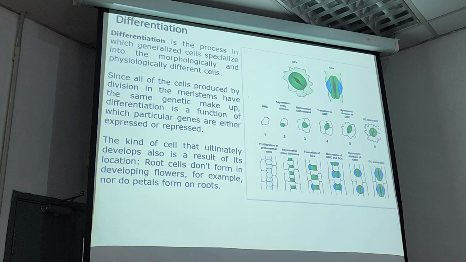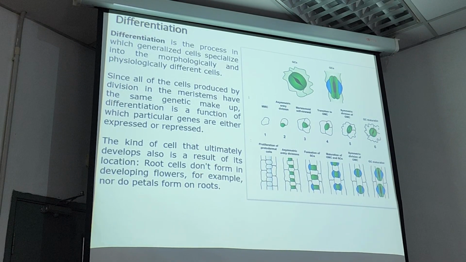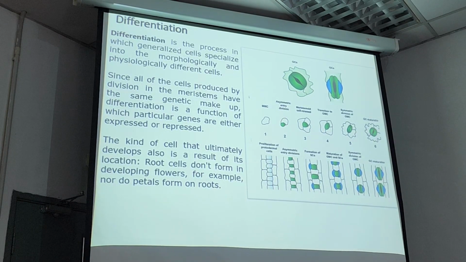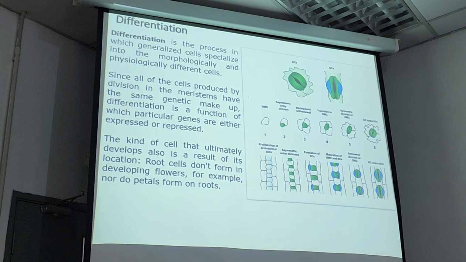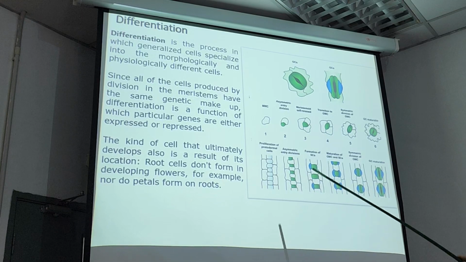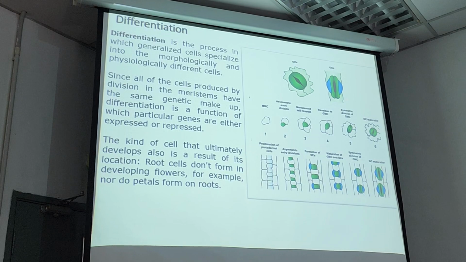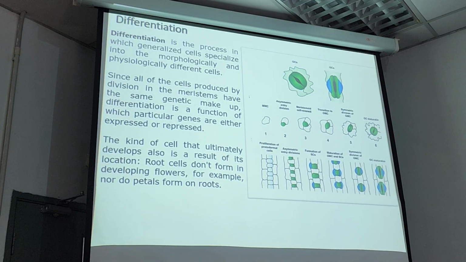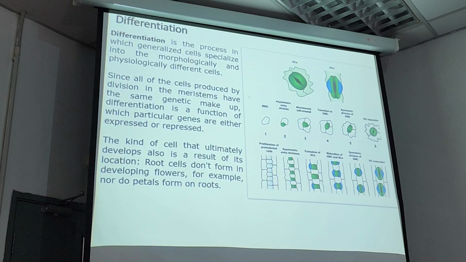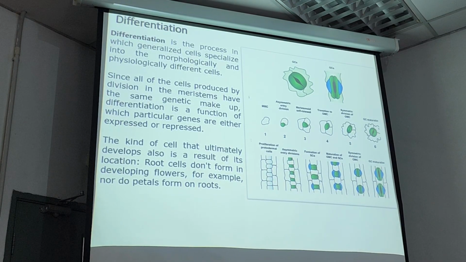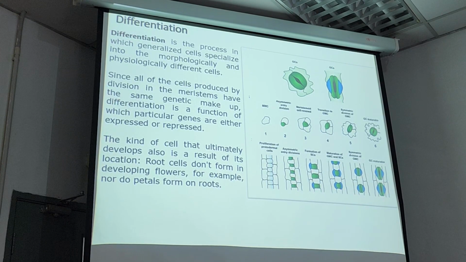You know why? Because every second, your body is producing blood cells. Your blood cells originate from your bone marrow. That is your meristematic cell, like here. And then the bone marrow divides, and then differentiates to give rise to various kinds of blood cells: red blood cells, white blood cells, platelets, neutrophil, basophil, eosinophil.